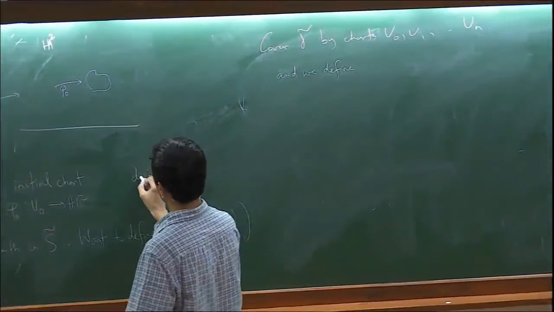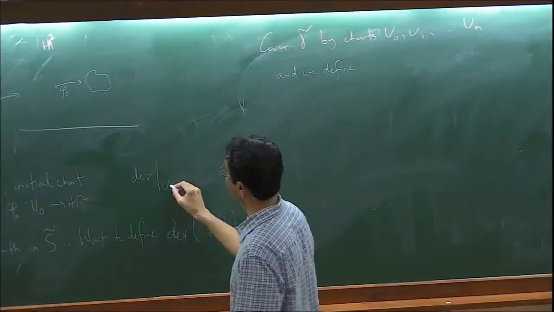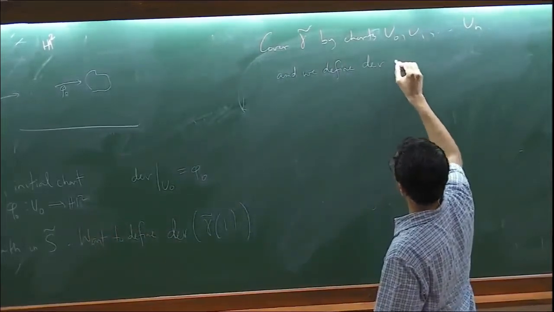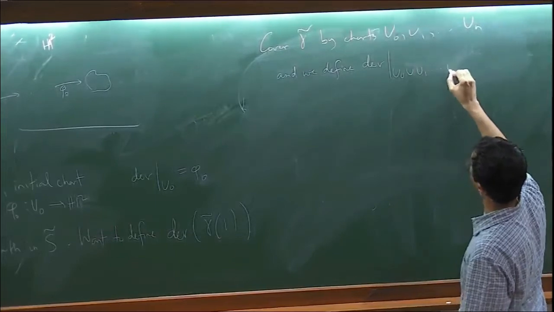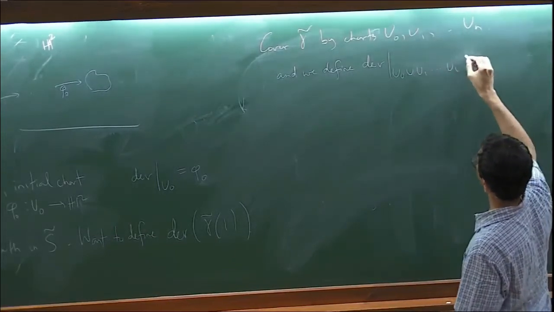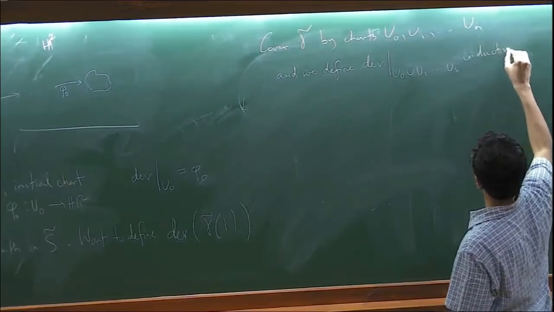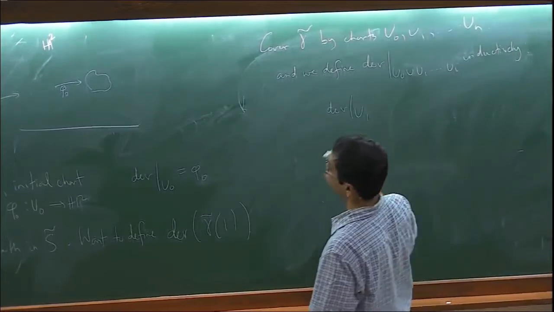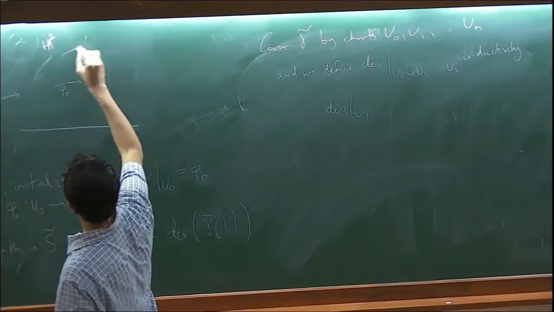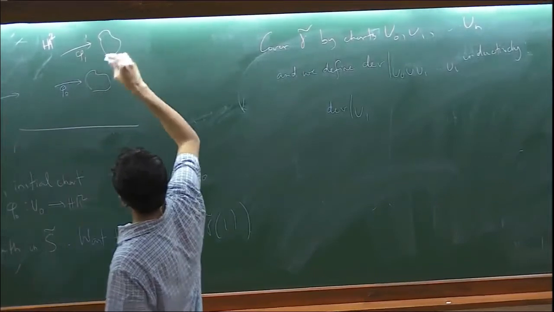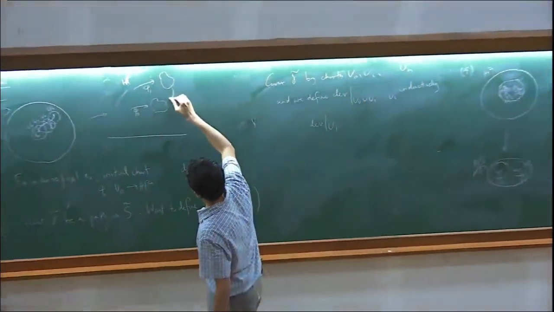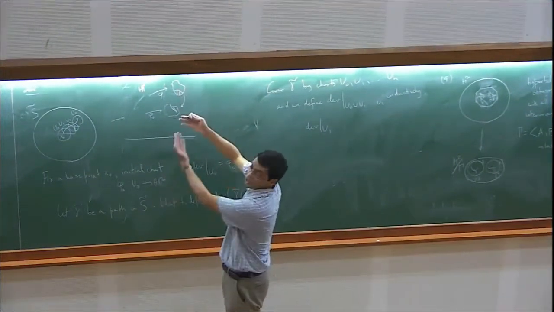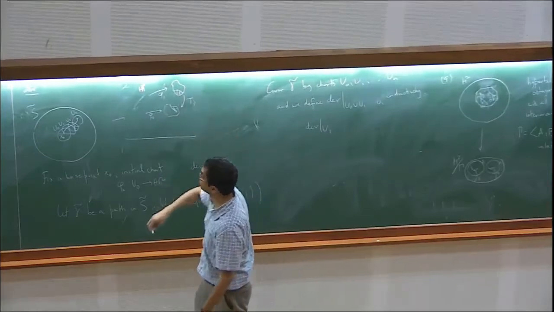So initially you start with the developing map on u0 equal to this initial chart, and we define the developing map on the union of these charts inductively as follows. So what's going to be the developing map on the next chart? The next chart u1 might be mapping somewhere else in the hyperbolic plane, but you know that there is an element of PSL2R that brings this back so that it matches. Okay, so this is the transition map.